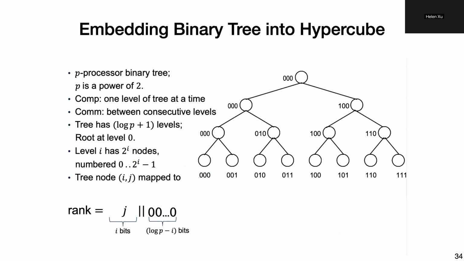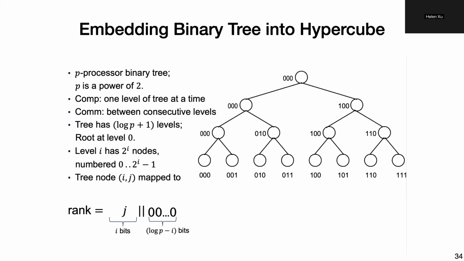So instead, how are we going to assign? This is one way that we can get around the issue of the dilation: we can reuse the processor again here. Let's say 0, 0, 0 is the root. We set 0, 0, 0 also to its left child, and 1, 0, 0 to its right child.